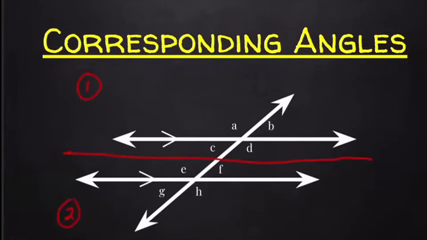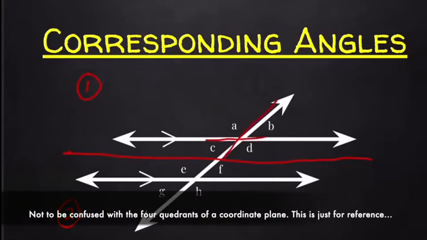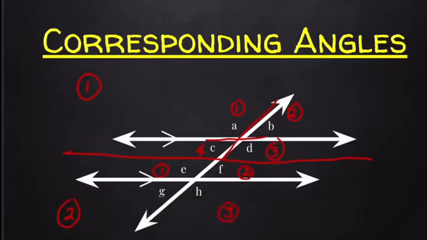You will see that they have different quadrants. When you cut an area into 4, you have quadrants. So we can call this quadrant 1, 2, 3, 4. And the same for the second one, 1, 2, 3, 4. So corresponding angles are angles that are on the same quadrant.